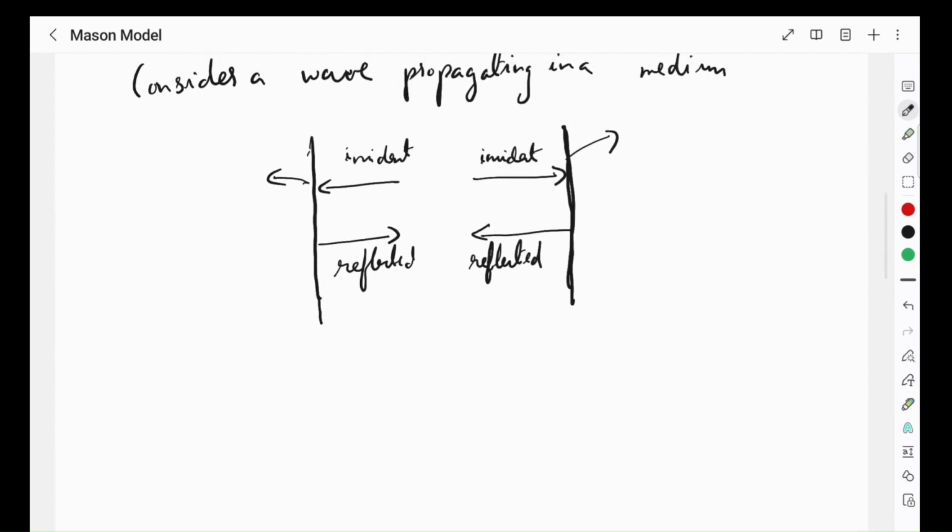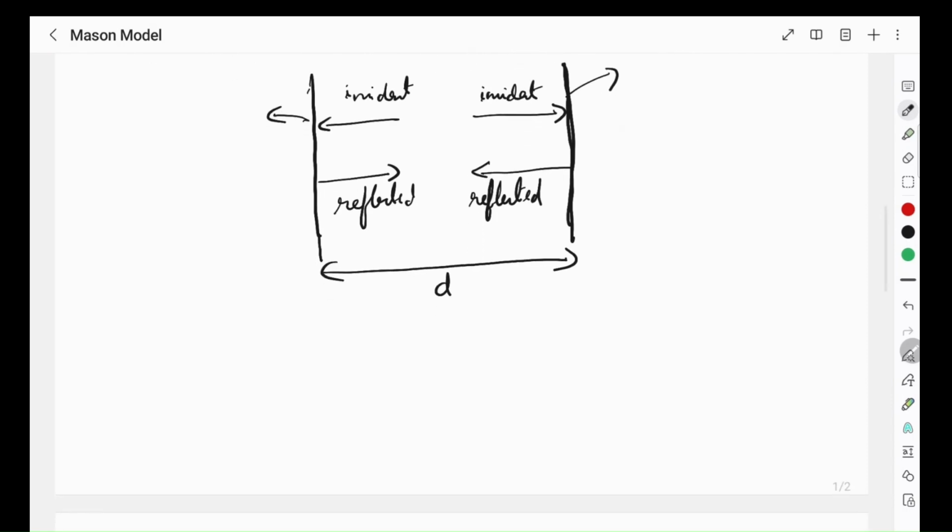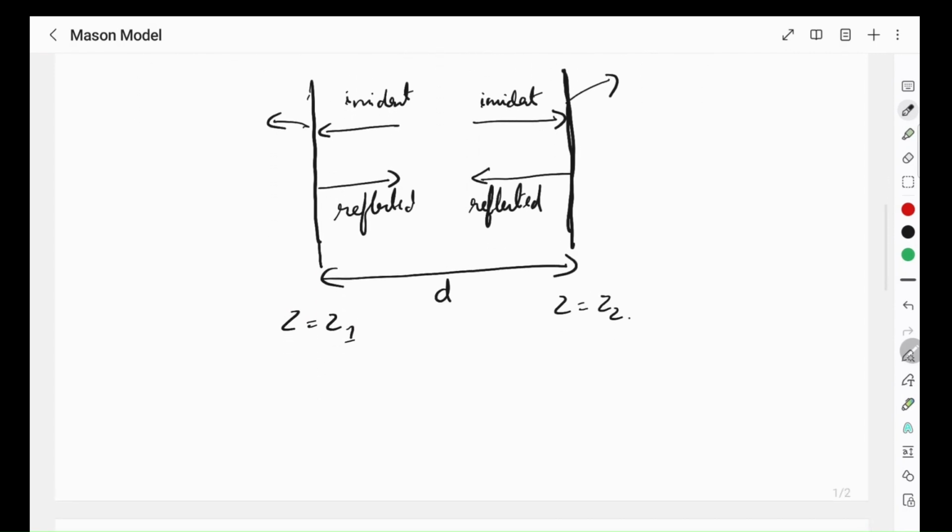You have a distance t between the two boundaries, and we're just naming it z equal to z1. I'm taking it as the z axis. We need to find what is the force here, just F1, and what is the force here, F2.